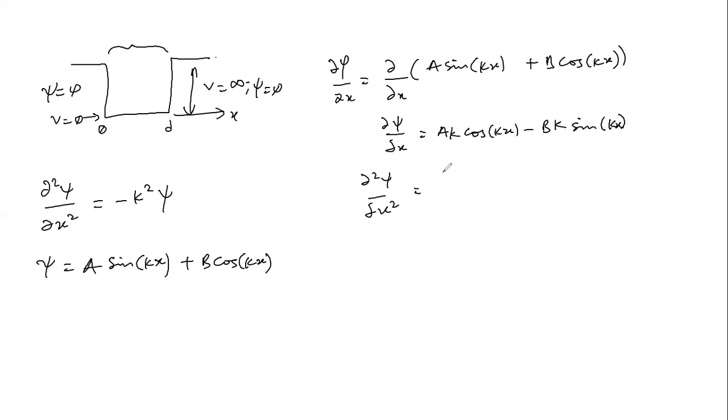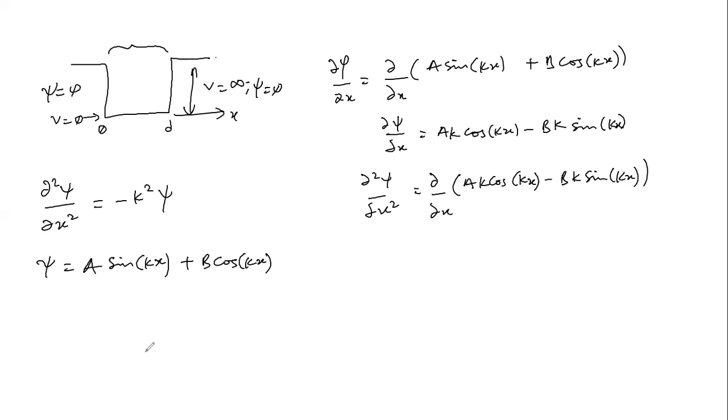Next, we want to resolve d squared psi, dx squared, which is going to give us the derivative of a k cos kx minus b k sine kx.